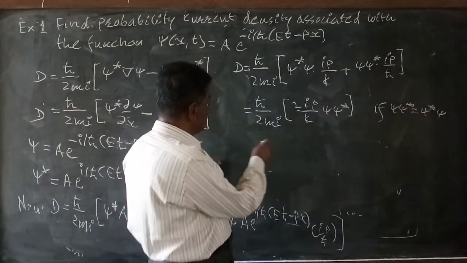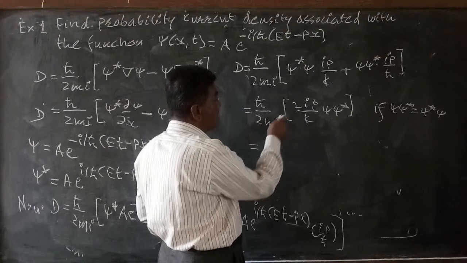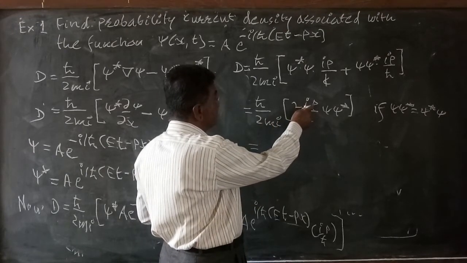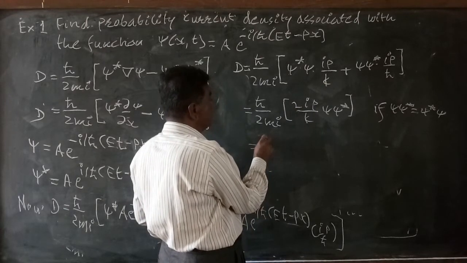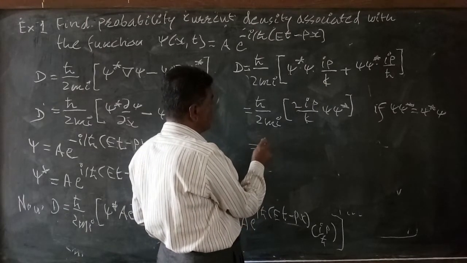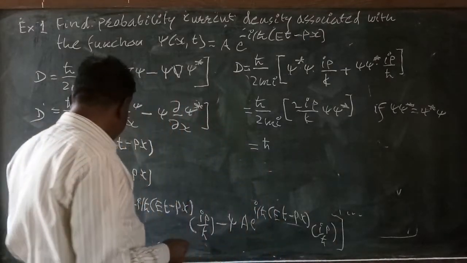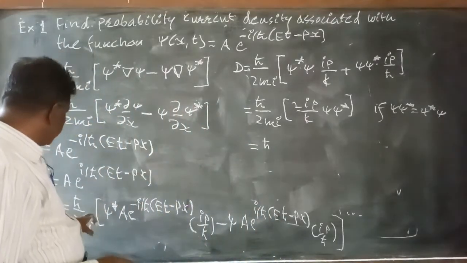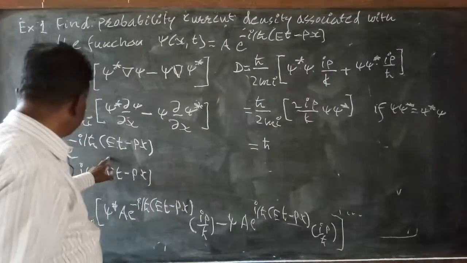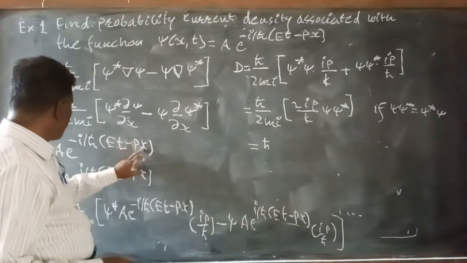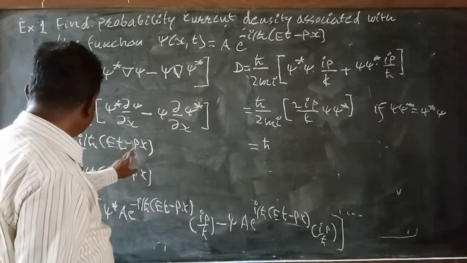Again 2 gets cancelled, 2i gets cancelled, and what remains is h cross. The coefficient of x is nothing but ip by h cut.